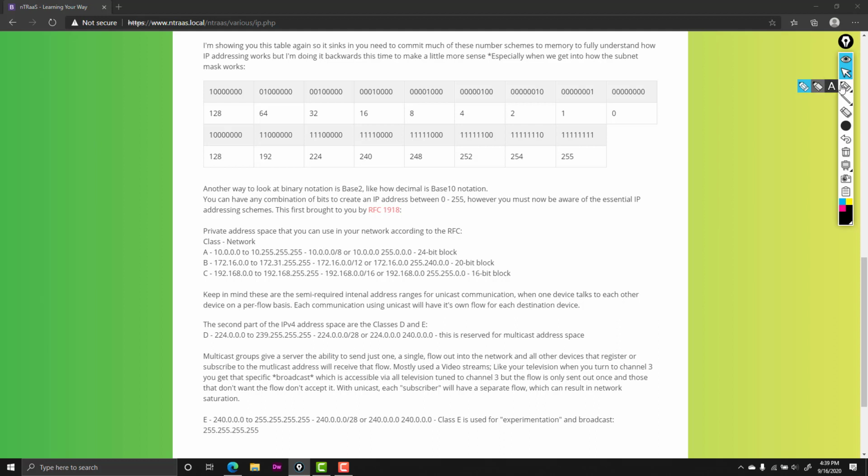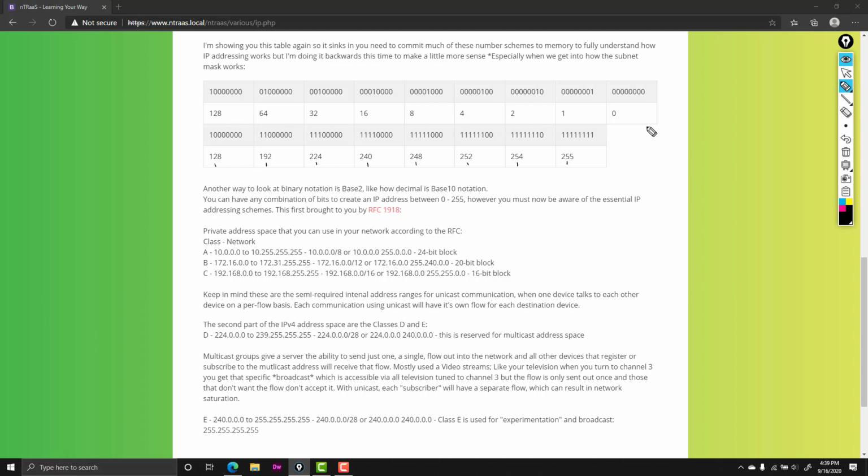One of the things you'll have to be aware of is that in subnetting, we're going to match the bits. So you see here when we add up the bits, 128, 192, 224, 240, 248, 252, 254, and 255. Now keep in mind, this is something you'll need to know much more about in the subnetting section when we get to that.